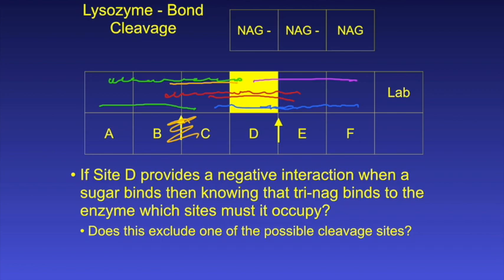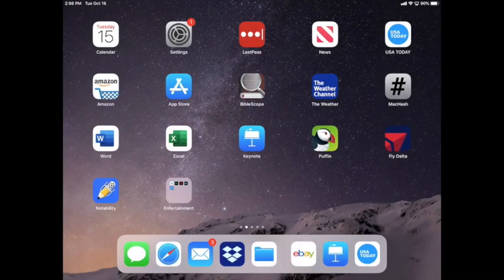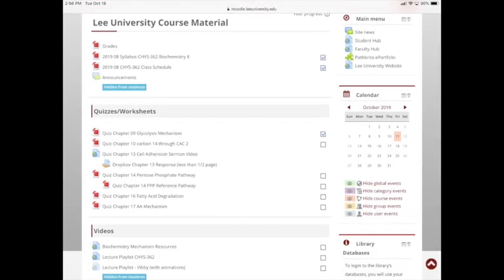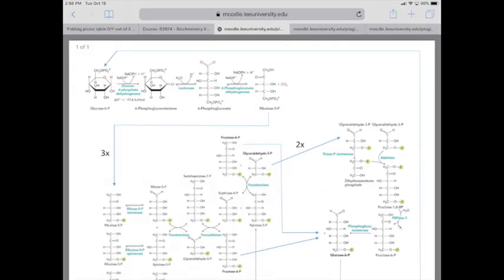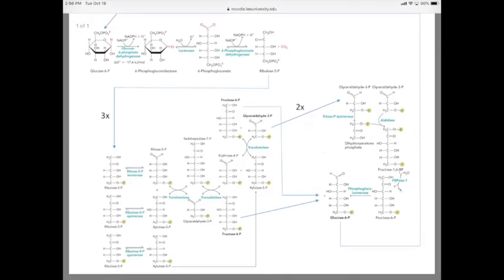Okay, let's complicate this up. I'm going to show you and start your quiz. Now, if I'm starting your quiz, that might tell you something about this quiz. There's a reference sheet that you can use, and it shows you, up at the top, glucose to ribulose, and ribulose down into the riboses, and then the transketolase, transaldolase, and then gluconeogenesis.